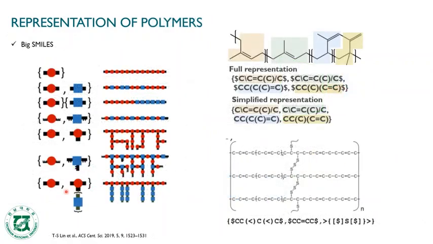Of course, there's an effort to find a representation for polymers. BigSMILES is SMILES expanded to macromolecules. It allows us to represent the stochastic objects in polymers. For example, in this second case, the red and blue marked with curly brackets represent random copolymers with red and blue repeated units.